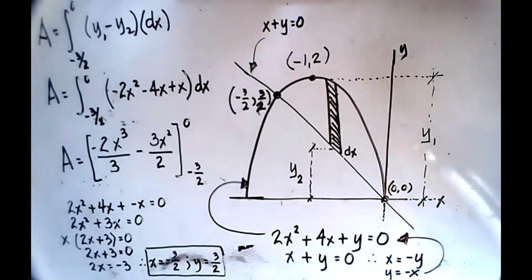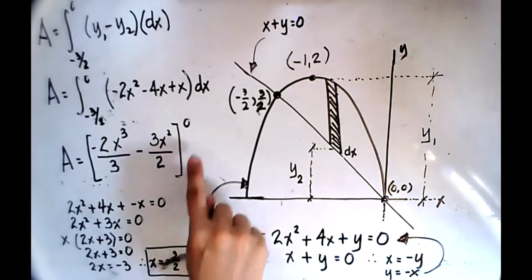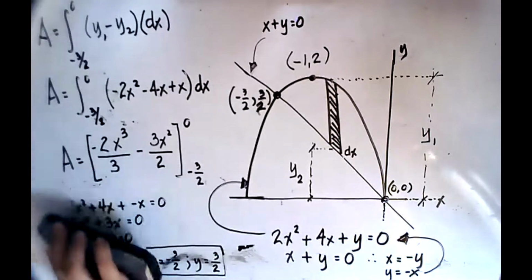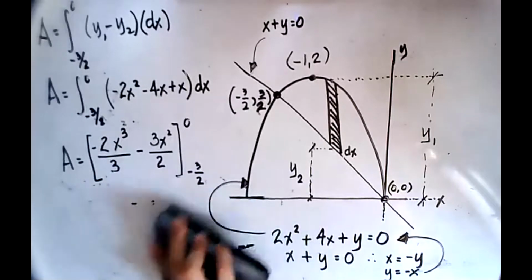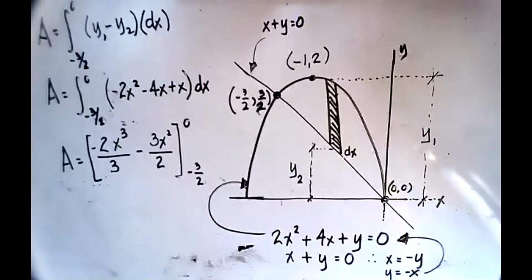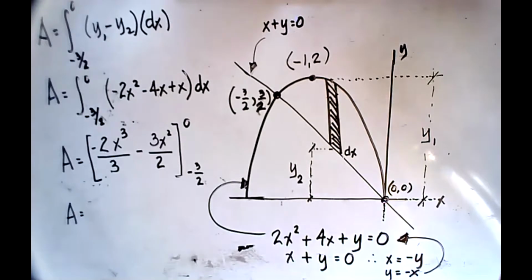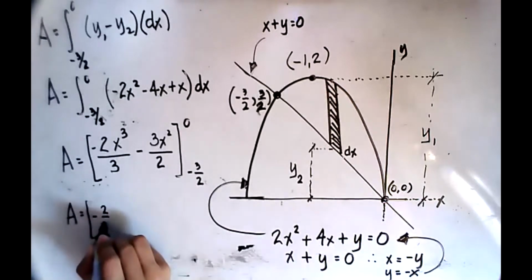Okay. So because of that, the lower limit is negative 3 halves and the upper limit is 0. From our limits, all we have to do is substitute now. The area will be equal to negative 2/3.